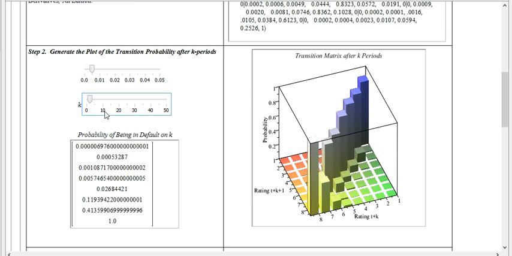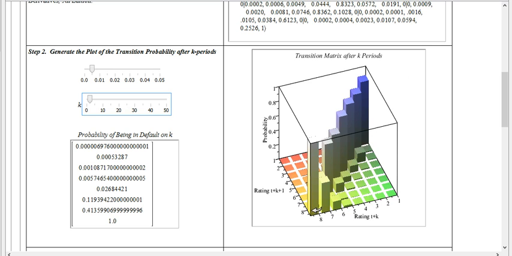So we will do that work with the help of Maple, and we will see what the probability is from being AAA quality to go to default, to being in default and staying in default in k periods. The transition matrix after k periods can be described by this three-dimensional matrix plot.